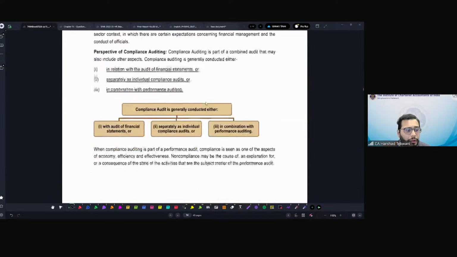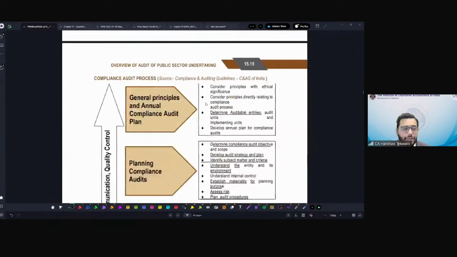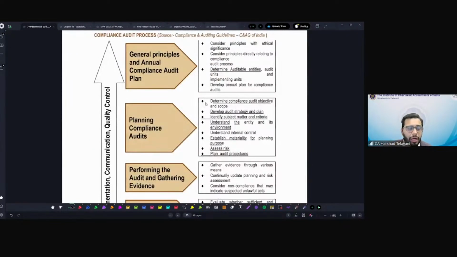Then when it comes to the compliance audit, as I said, it is not something different from the normal audit that we do. You have general audit principles applicable. For example, you develop the annual plan, you prepare the audit strategy and audit plan, you identify the subject matter and criteria, understand the entity and environment, and establish materiality.